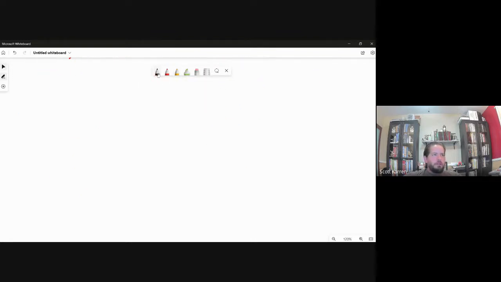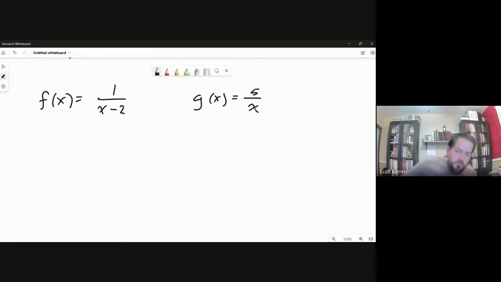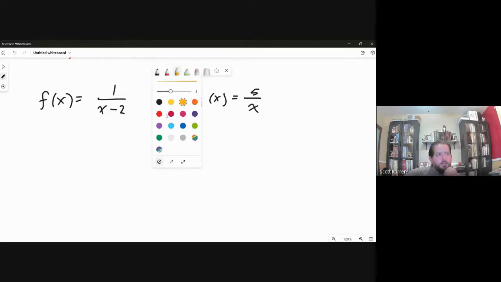All right, let's look at another example here. Let's say f of x is 1 over x minus 2, and g of x is 5 over x. Okay. Now these two functions have domain issues.